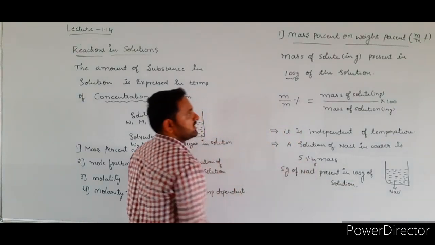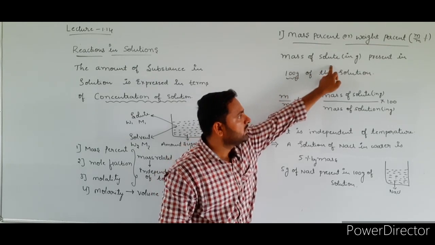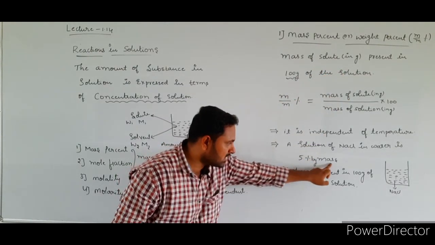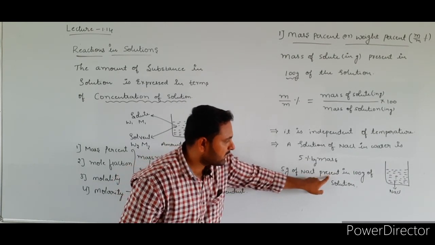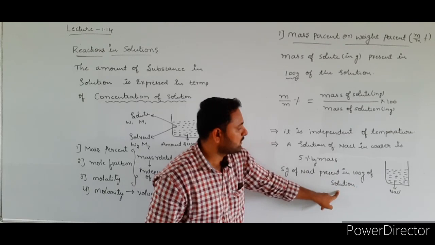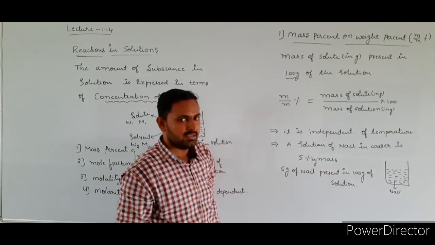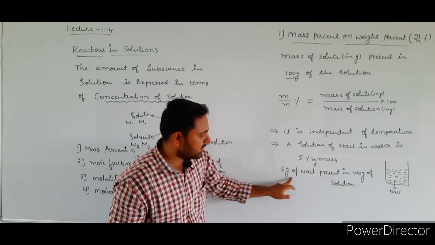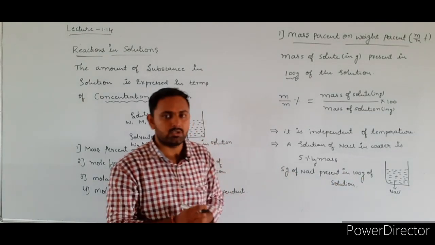Because what is mass percent? Mass of solute present in 100 gram of solution. 5% by mass means 5 gram of sodium chloride present in 100 gram of solution.